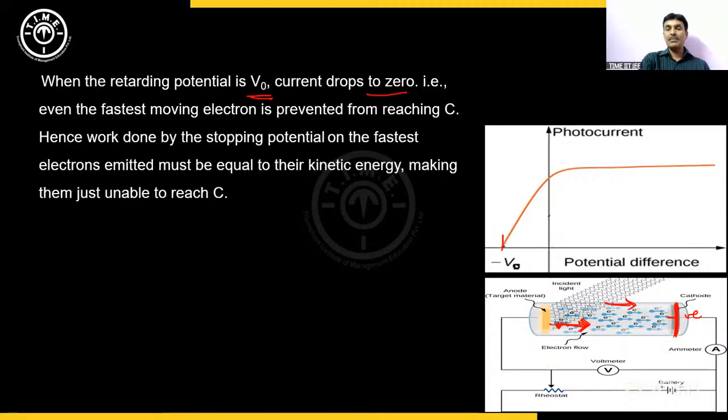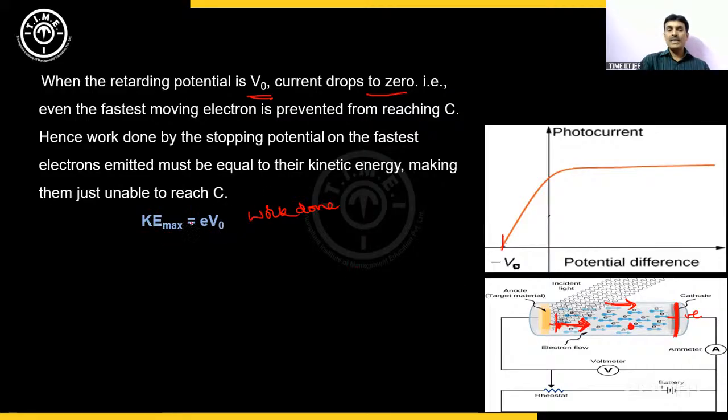So maximum kinetic energy can be given as eV0. Ke max will become eV0. eV0 here represents the work done in stopping the electron. Initially it has kinetic energy Ke max, finally it is stopped somewhere here. So change in kinetic energy is Ke max.